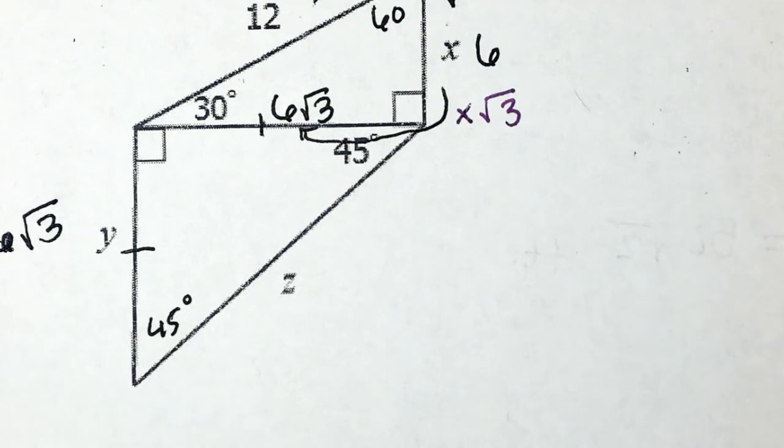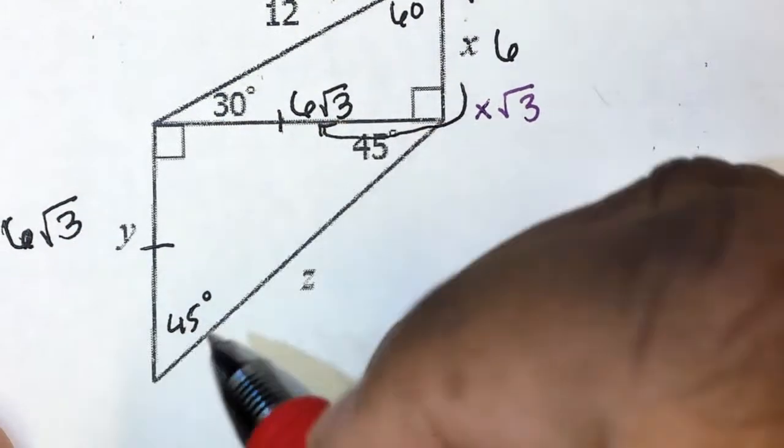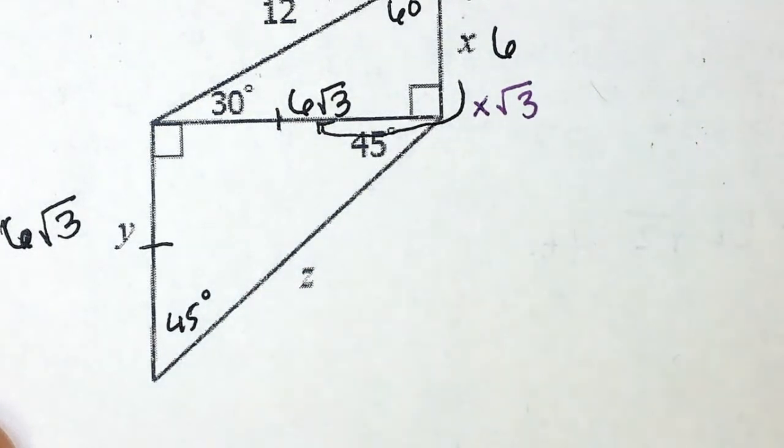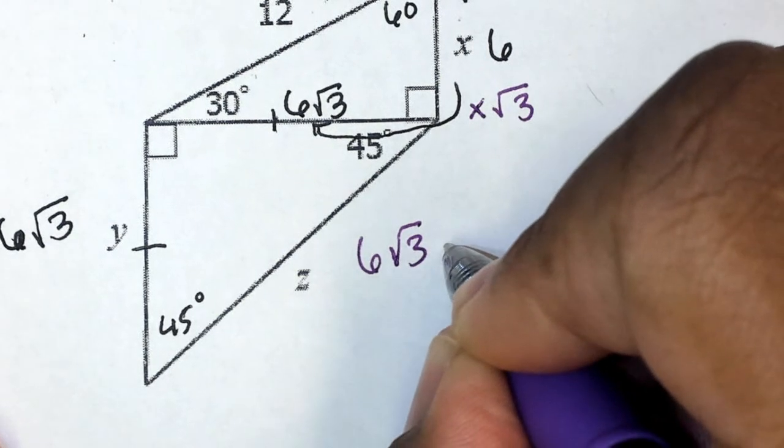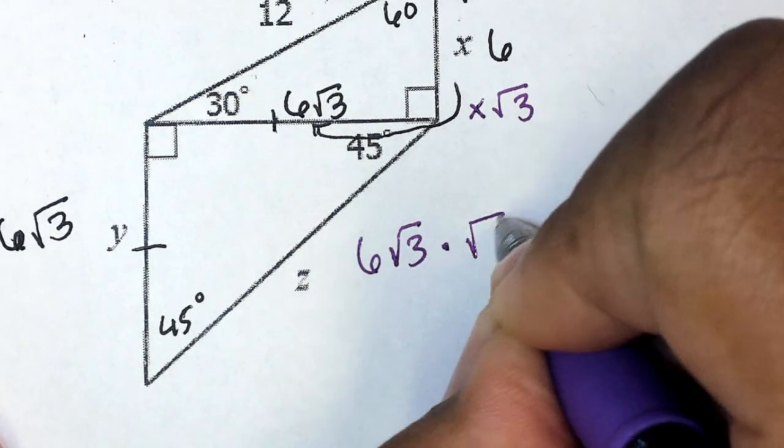And then from there, Kahari, now I'm in the 45, 45, 90 triangle. If I have my legs, how do I find my hypotenuse in the 45, 45, 90? Yeah. Take this leg. I'll do it here. So I'm going to do 6 square root of 3 times square root of 2.